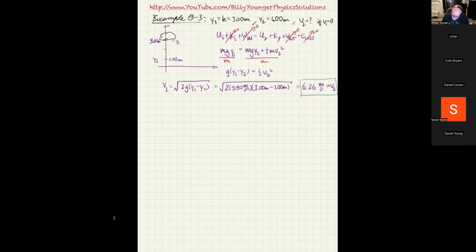Okay. Now, I want to point out that this is exactly what you would have gotten if you did this with kinematics instead of doing it with conservation of energy. The kinematics would allow us to use the equation V squared is equal to V initial squared plus 2a(x minus x0), like that.